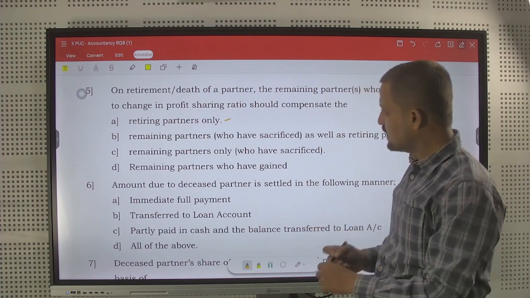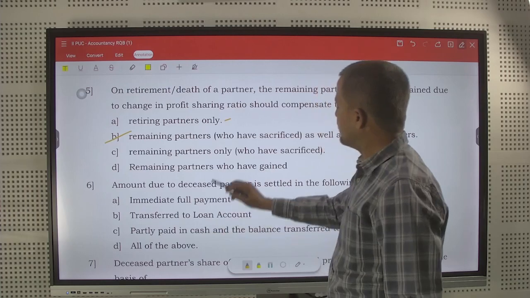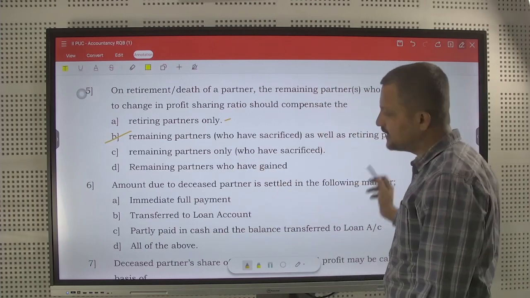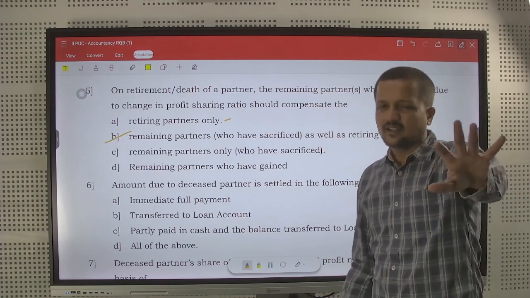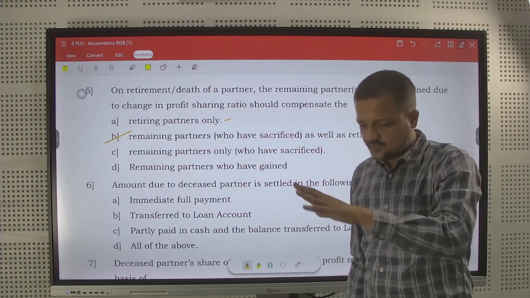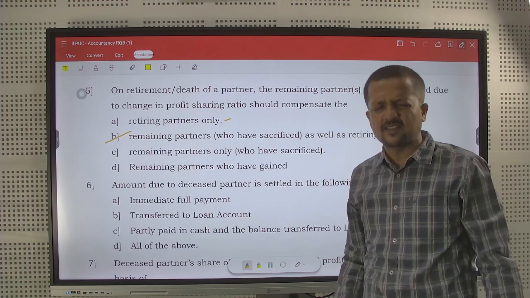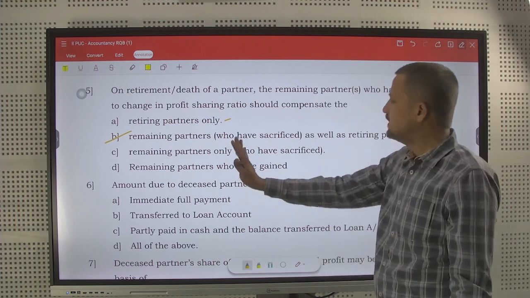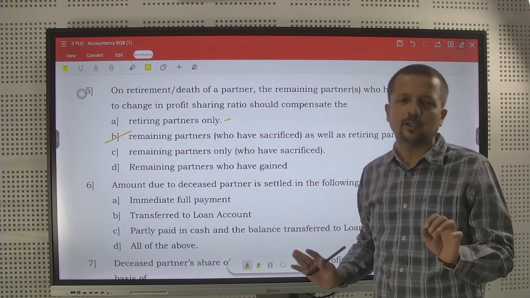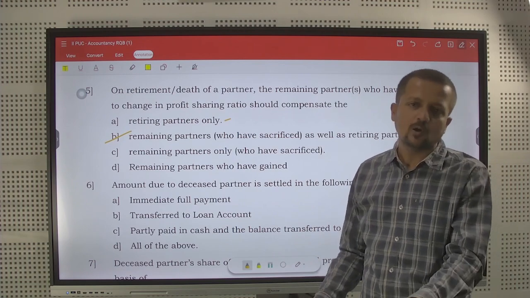But actually the answer is remaining partners as well as the retiring partner. If you look at the journal entry, it is gaining to sacrificing. Whoever has sacrificed needs to be compensated, irrespective of whether he is retiring or remaining.